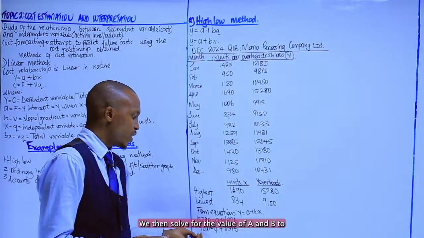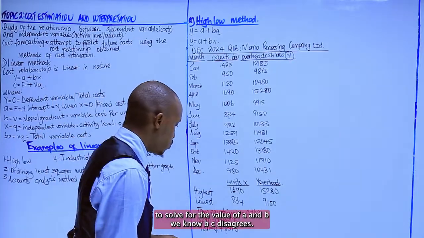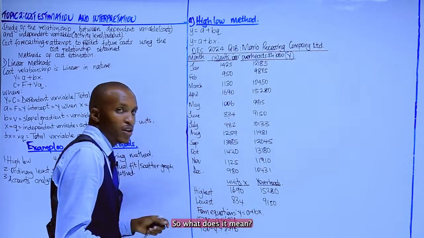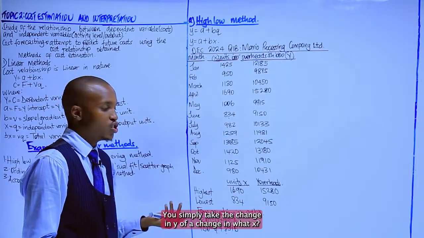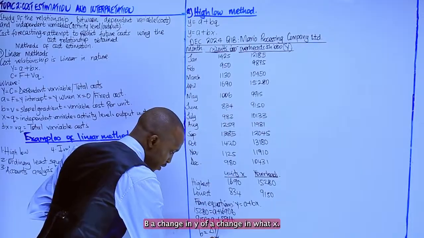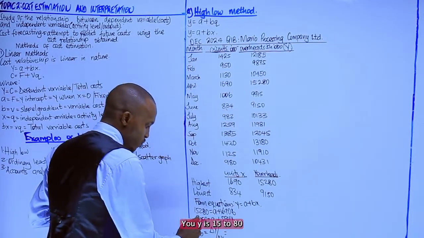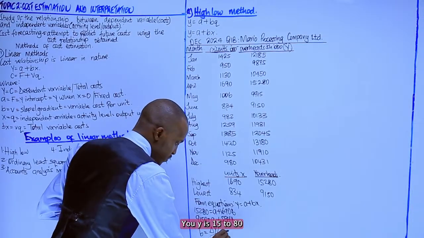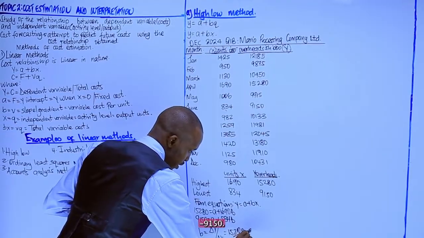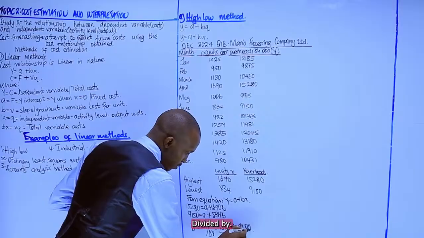We then solve for the value of a and b. To solve for the value of a and b, we know b we said is your gradient. So what does it mean? You simply take the change in y over change in what? X. How is that possible? Your y is 15,280 minus 9150 divided by who?